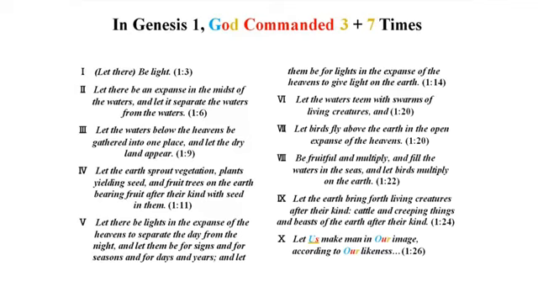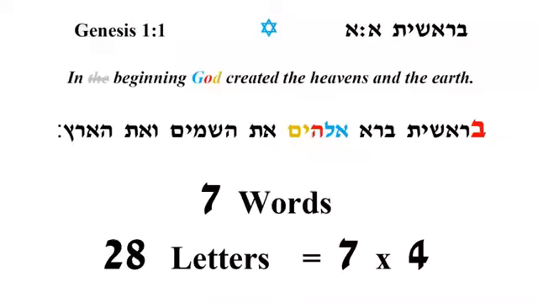Okay? Now, in Genesis 1:1, we had pointed out that there are 7 words and 28 letters. Okay, that's not a surprise. There they are. 28 is, of course, divisible by 7. There's only one other verse in the Old Testament that has 7 words and 28 letters.